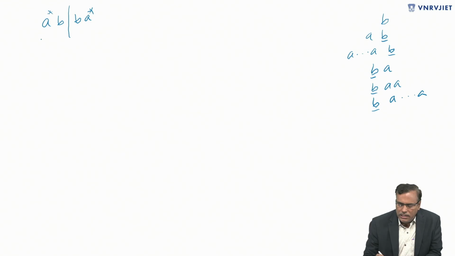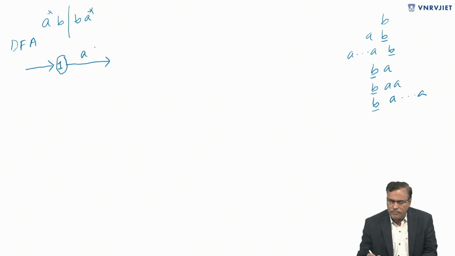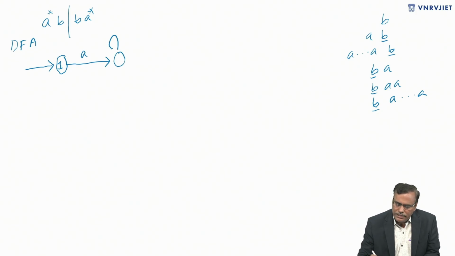Let me give the DFA of this regular expression directly. So this is a start state. Let me take it as 1. What we have here: any number of A's followed by a single B. So this is the final state.